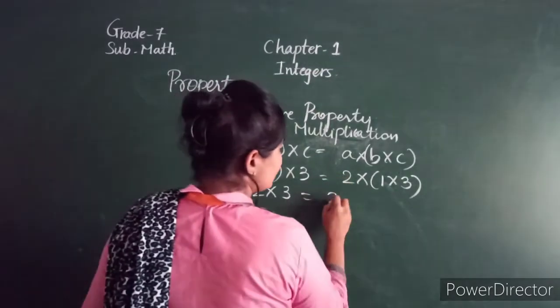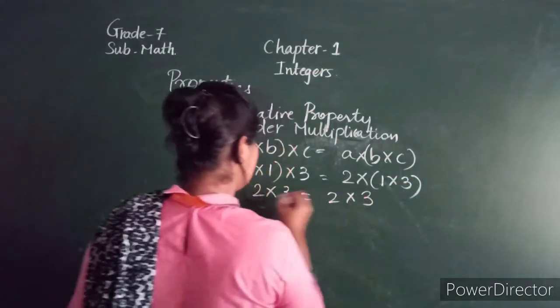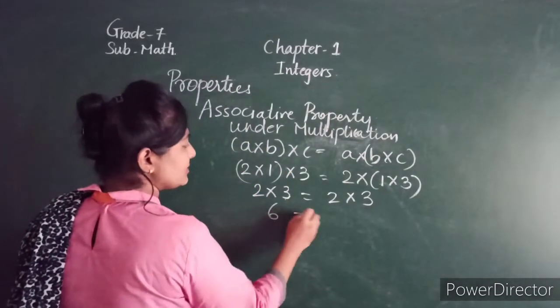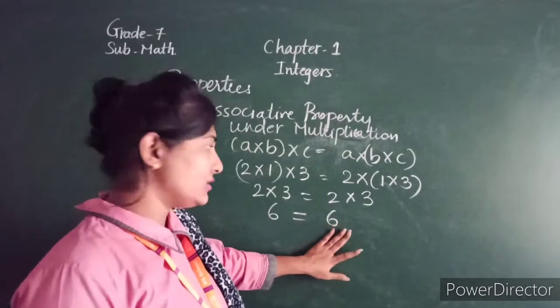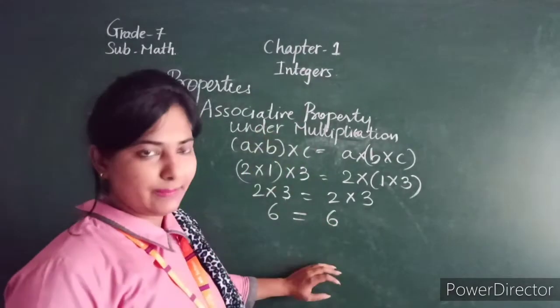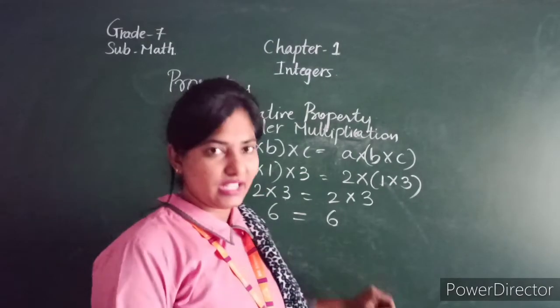And 1 threes are 3, so 3 twos are 6, and here also 6. So LHS is equal to RHS. So the associative property is closed under multiplication.